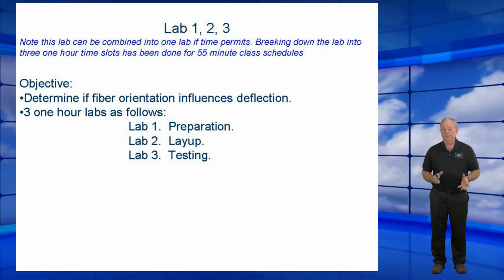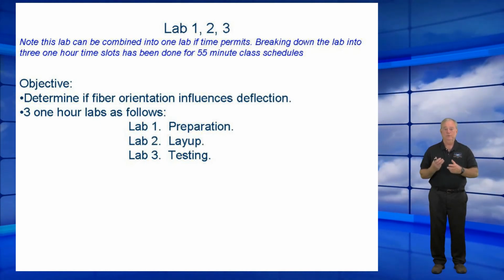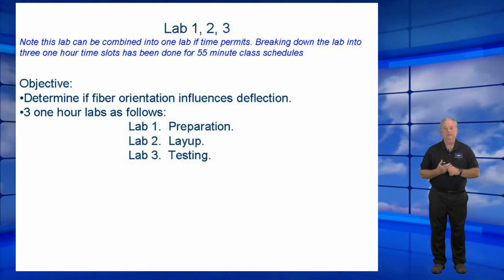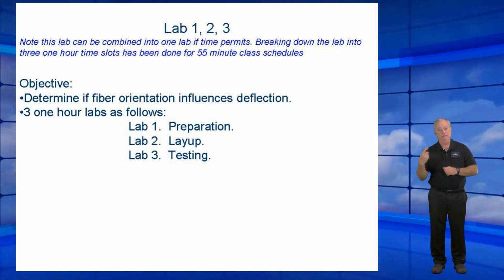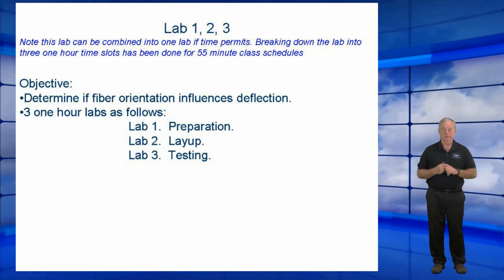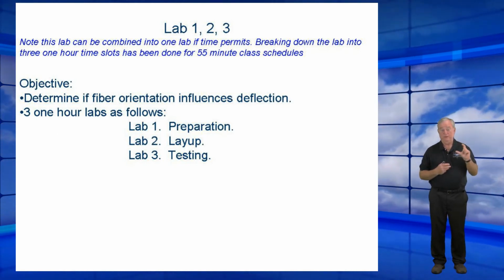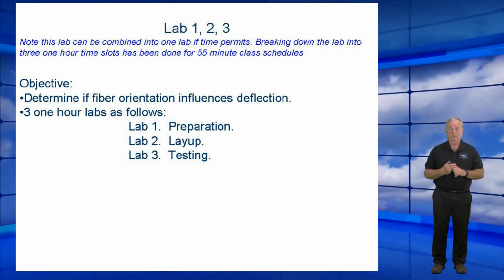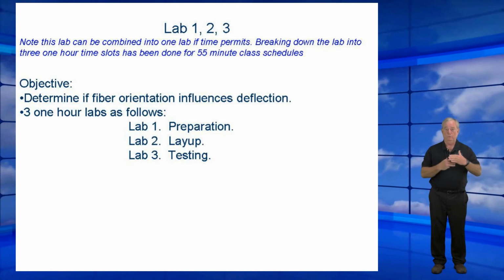It's going to have a certain surface quality. It's going to have a certain dimensional accuracy out there. And so if you don't do the testing part, you don't close that loop. And so this allows you to do simple parts. All 3 of these labs allow you to do simple parts and actually do strength testing so that you can compare manufacturing variables like the orientation of the fibers from one to another.